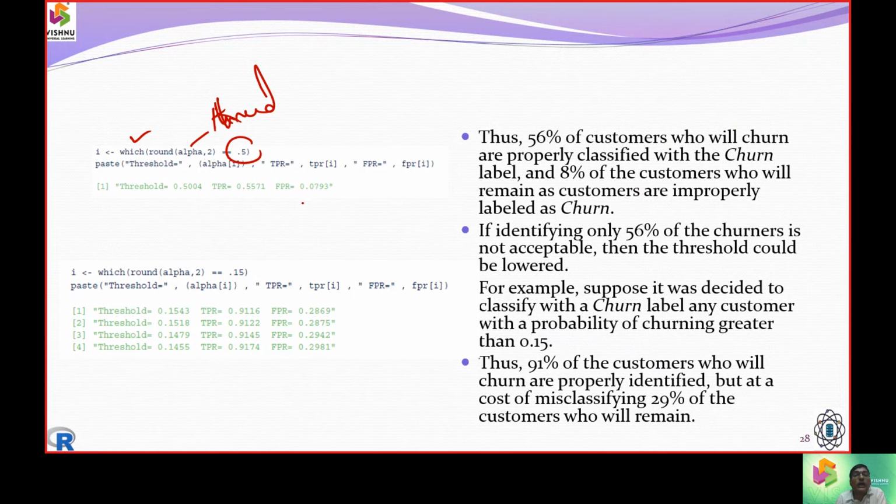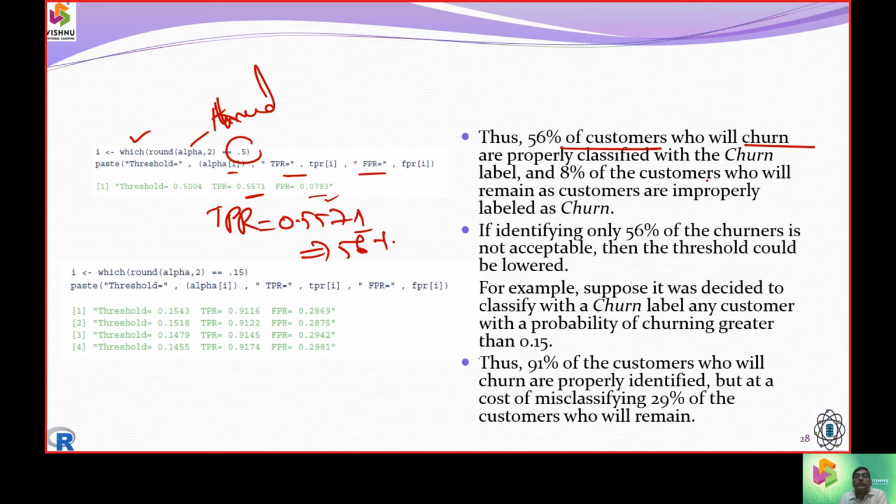The answer it was showing was that the alpha value was 0.5, the true positive value was 0.55, and the false positive value is going to be 0.73. So now what inference does it give? Here I can say TPR is equal to 0.5571, which implies 56%. So 56% of customers will churn.